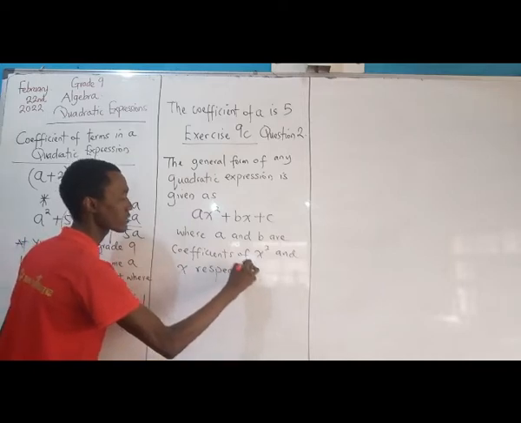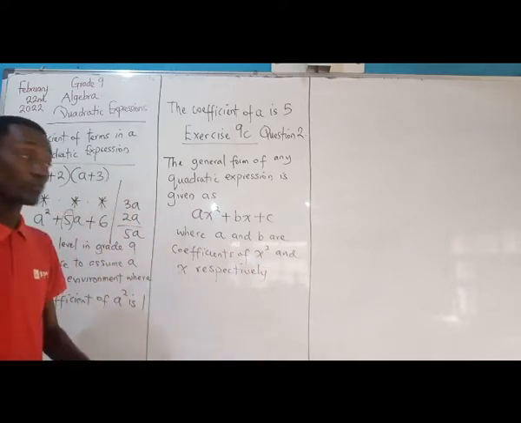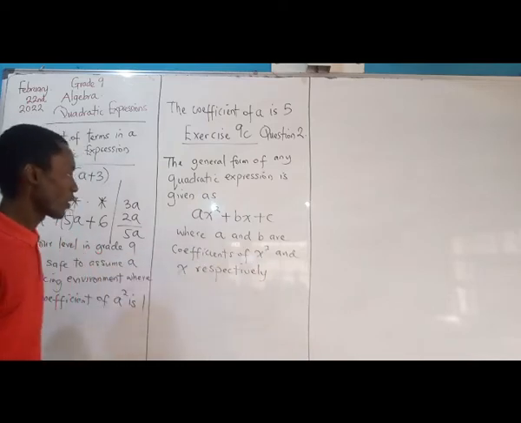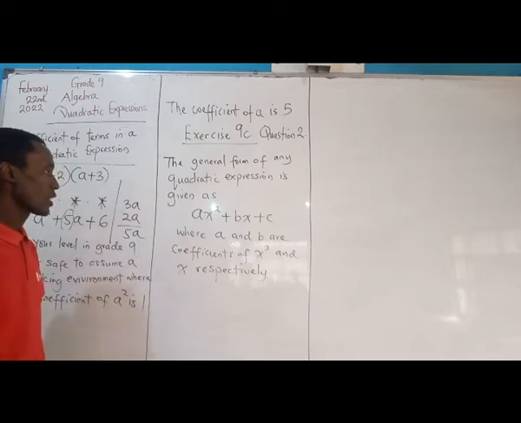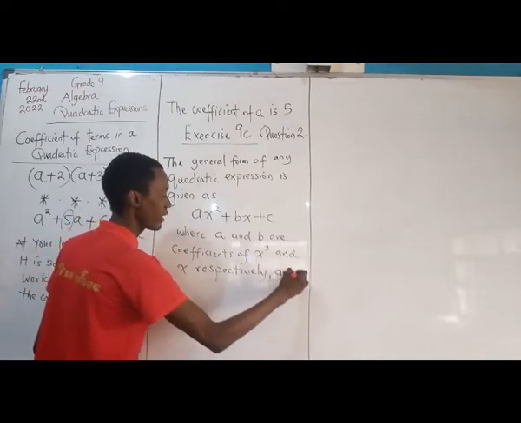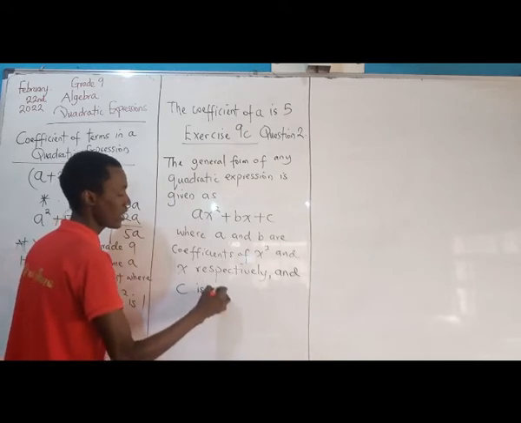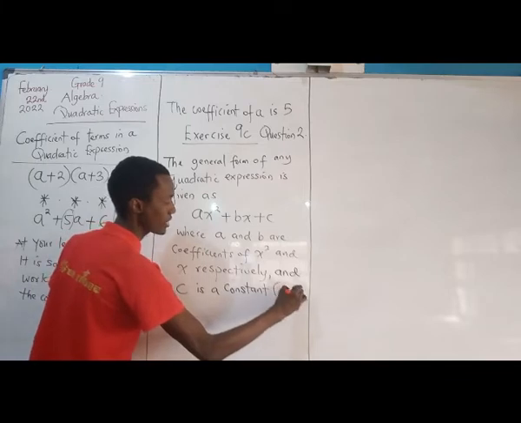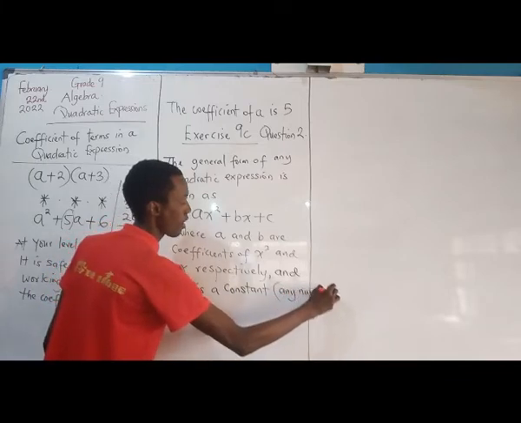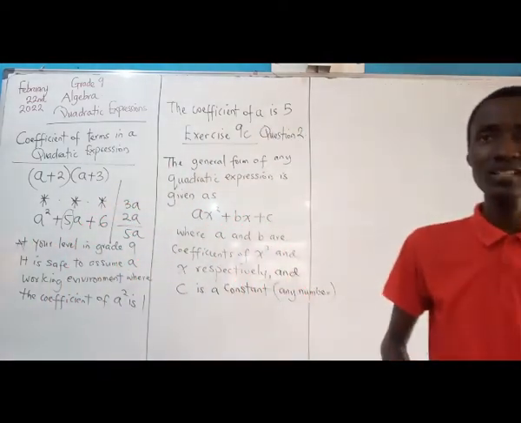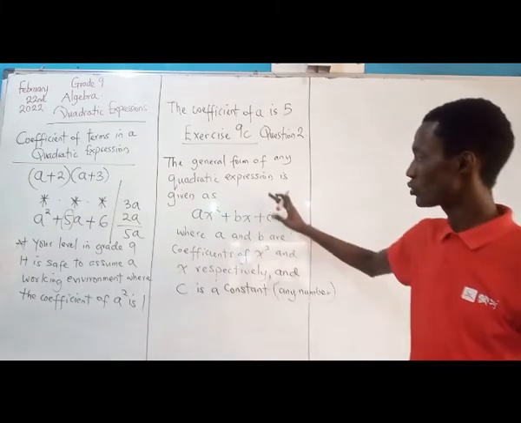I guess you're used to that. When we say respectively, it means that the coefficient of x squared is a and the coefficient of x is b. And c is a constant, any number. So c is a constant, and technically in maths, when we talk about a constant, essentially it is a number. So I just want you to note this.